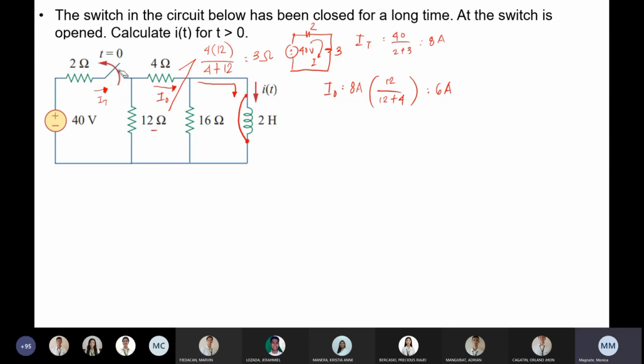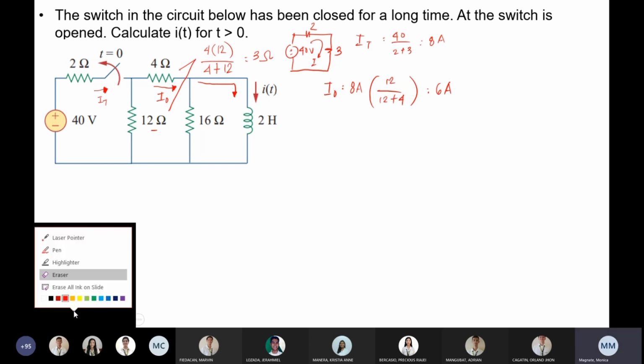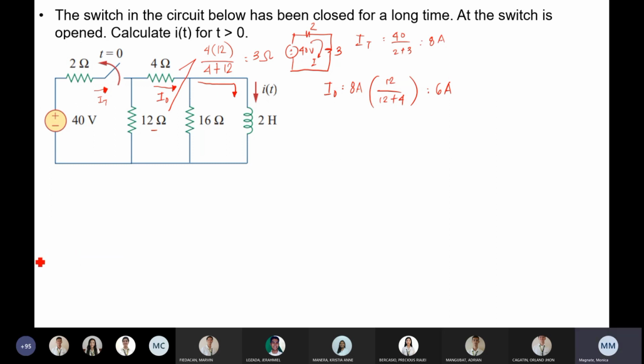Balik natin, ayan, naka-on na yung switch natin. So, ito, wala na yung pagkaka-short nila. So, source-free RL circuit na tayo. So, ano na yung equivalent na resistance natin? Ito, naka-open. So, yung 4 natin tsaka 12, parang naka-series, di ba? Tapos, naka-parallel sila kay 16. Tama ba?